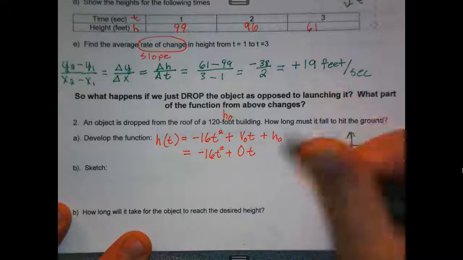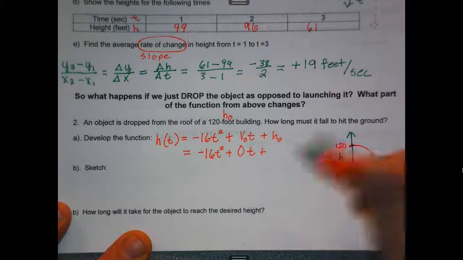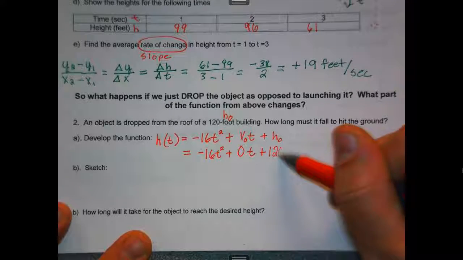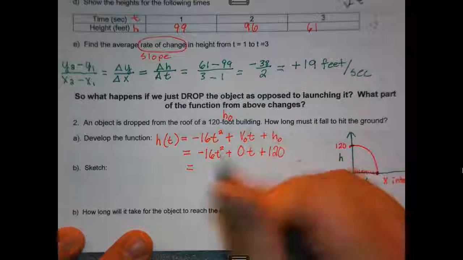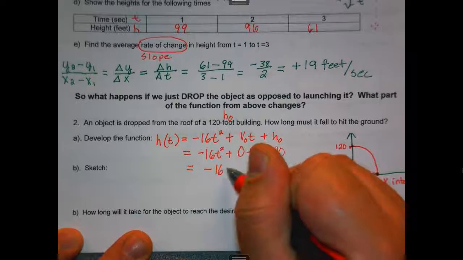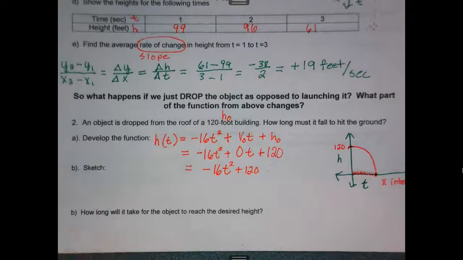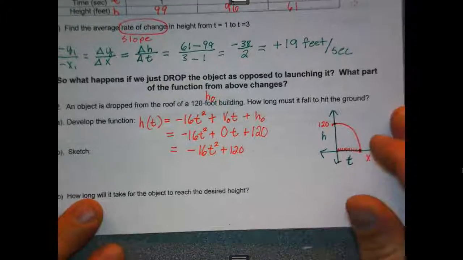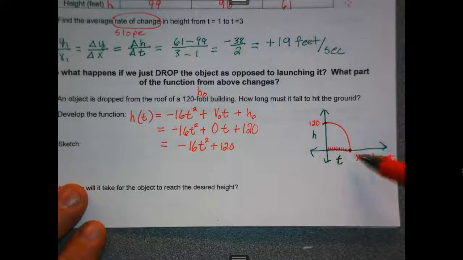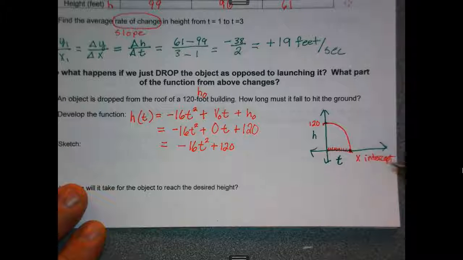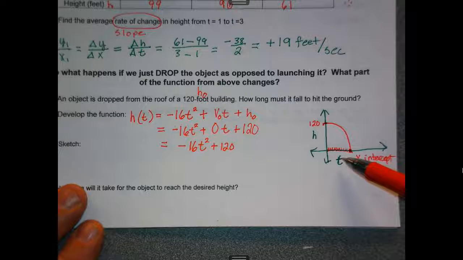Now, my initial height again is what? 120. I'm going to simplify this, and now all I have to do is find the x-intercept. Easy peasy, right?